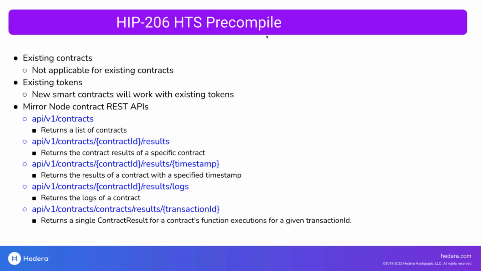All right, so existing contracts, you will not be able to use this for existing contracts because you will not be able to modify those contracts to be able to add or call these functions into those contracts. For existing tokens, you can interact with those tokens using HTS Pre-compile, and everything should work just fine.